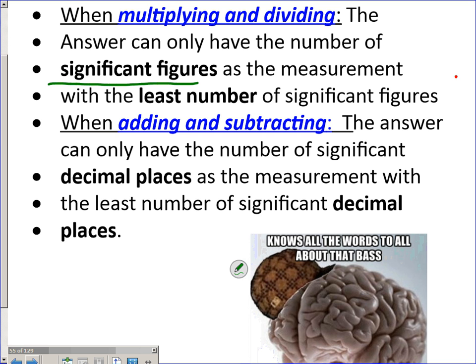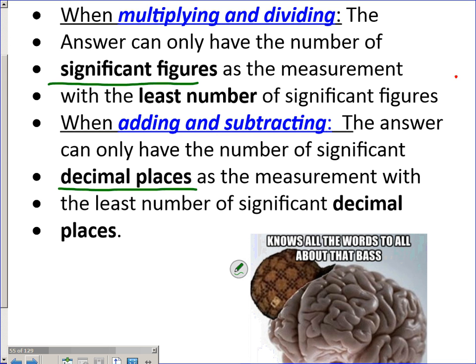So that's one big difference, because adding and subtracting requires you to count decimals, things after the decimal point. But if you remember, multiplying and dividing have the same system, and adding and subtracting have the same system. We're in a good place so far. But let's say Jillian measures something that's got 5 sig figs in it, and then she's adding it to another measurement that only has 2 sig figs.